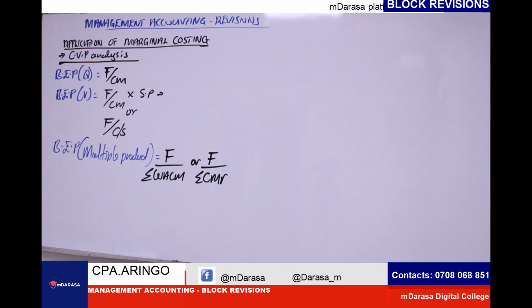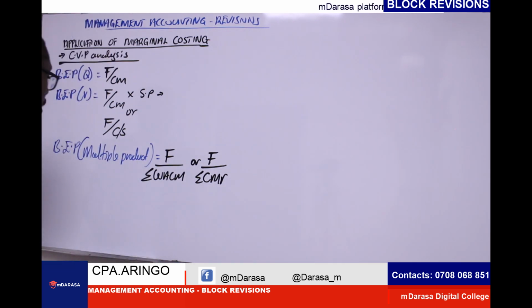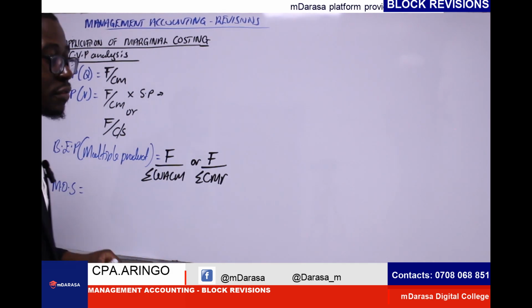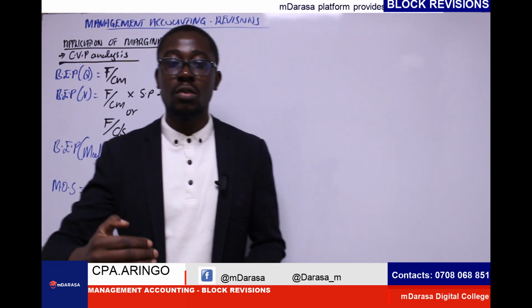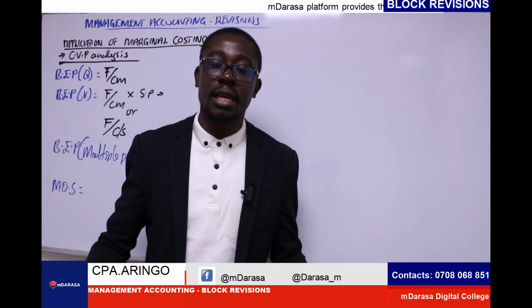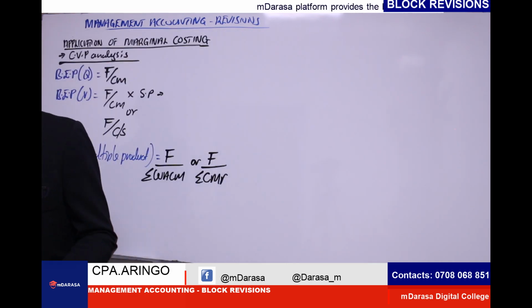The other key element that you should also be able to understand is that when you're dealing with break-even point, there is a very common area where we talk about margin of safety. Margin of safety is simply the range between the point where you won't be making anything, that is the break-even point, and the sales that you're making.